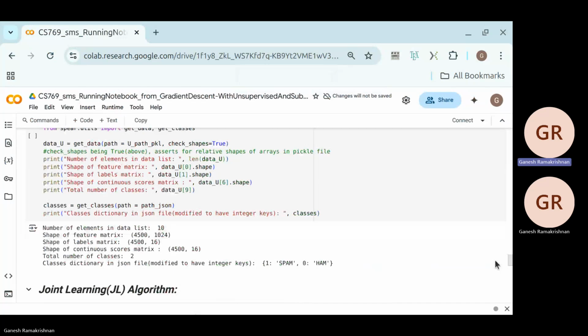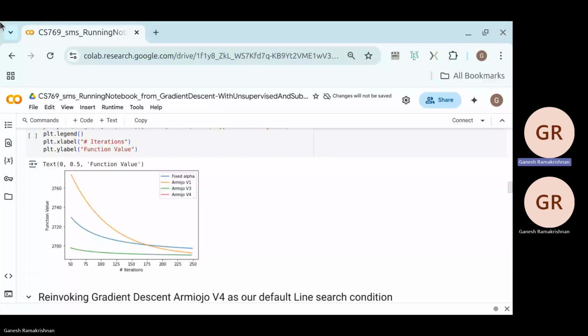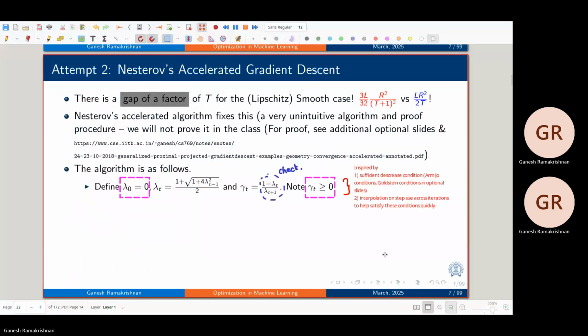The connection between the different RMU conditions and the updates that we are showing, I will leave you to think about. But this gives us among the best conditions, right? That is why the gamma is chosen this way.